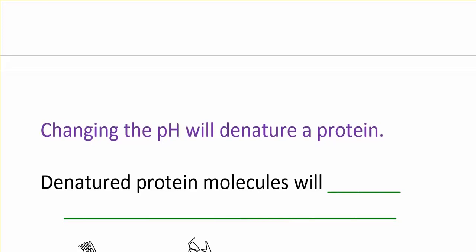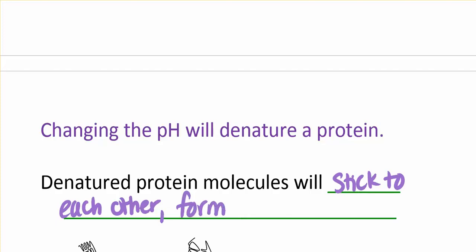Let's look at more what happens when you denature a protein. When you denature a protein, it's not just that they unfold, they will stick to each other, forming an insoluble solid.